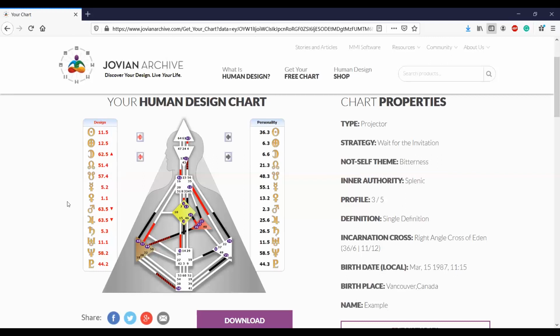We aren't aware of what it holds until we reach roughly the age of 40, and then it starts revealing itself to us more and more. The right black column is called the conscious personality chart, and this is basically from the day that we were born.